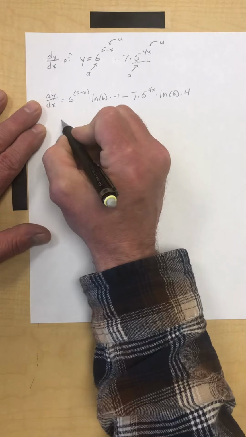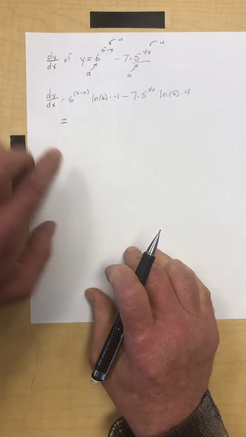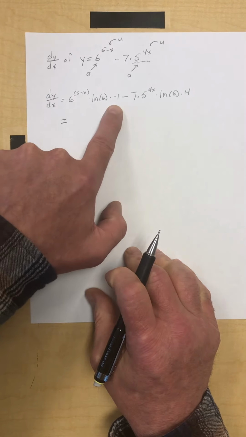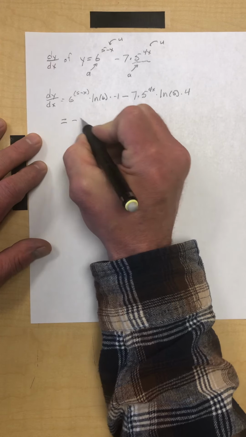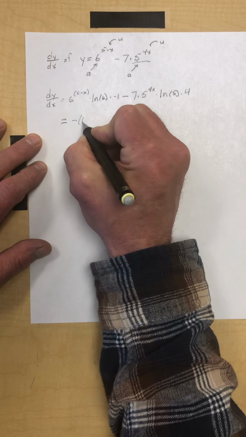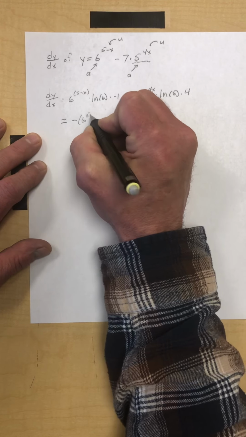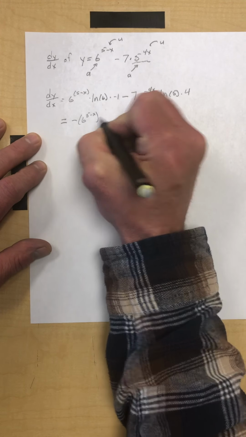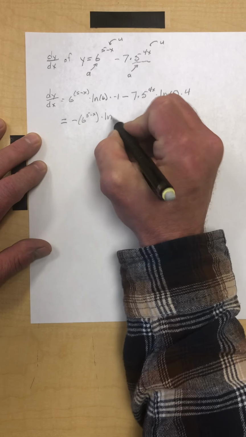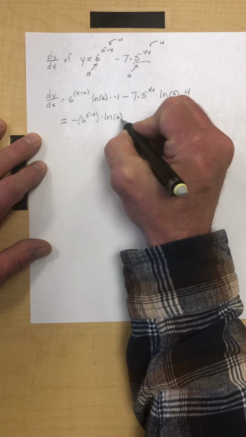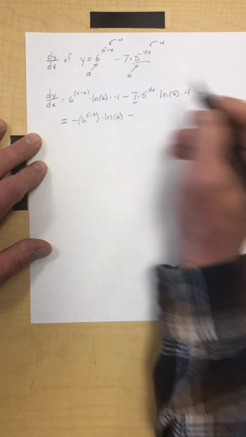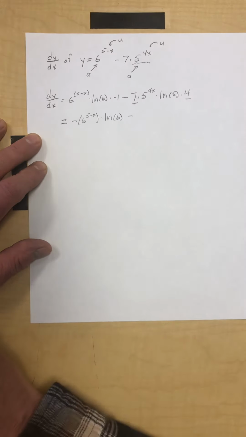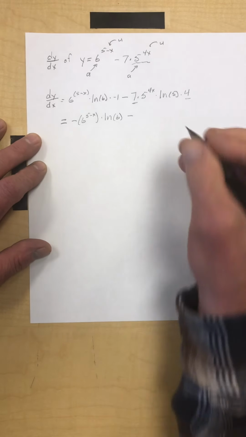And then from here on out, we're just cleaning things up. Not much you can really do here other than just put the coefficient of negative 1 out front. So we have the opposite of 6 to the 5 minus x power times the natural log of 6 minus, now right here I have a constant multiplier of 7 and a constant multiplier of 4, so I can multiply those together.